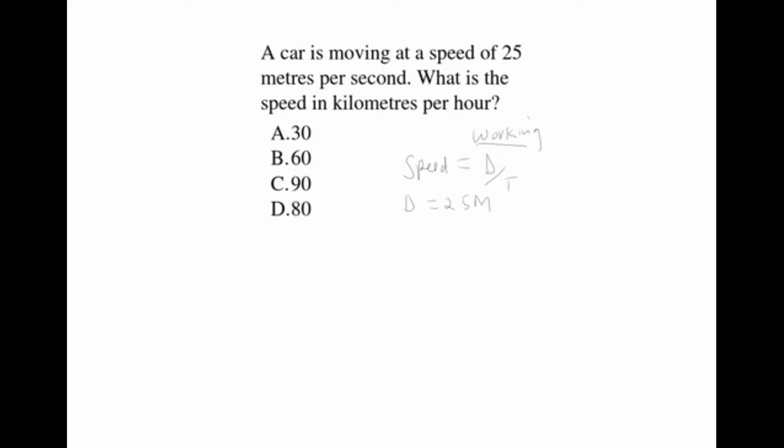So we convert these meters to kilometers. We know that 1 kilometer is equivalent to 1000 meters. So 25 meters will be 25 over 1000 kilometers. So that is our distance in kilometers.